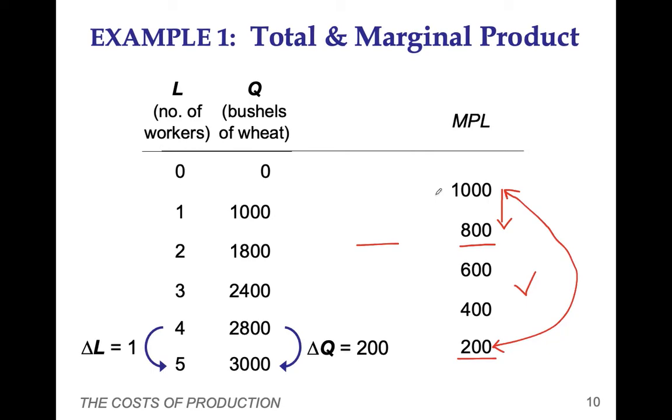You see, the marginal product is decreasing as we increase the number of workers. This is why the production curve at first rises strongly. Then as we increase the number of workers, it gets more and more flat.